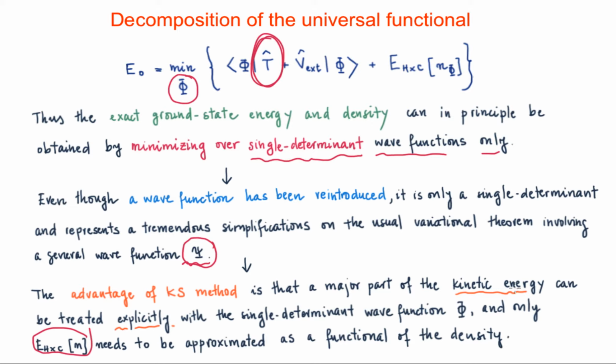The kinetic energy is usually the hardest part to approximate in the functional. That's why this method was quite successful in getting a practical version of density functional theory.